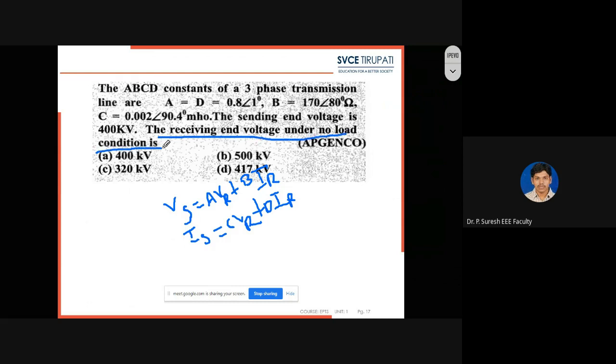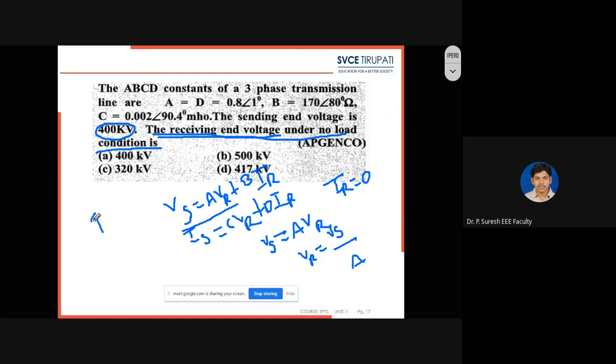Under no load, what is the value of IR, the receiving end current? 0. We get Vs equal to AVR. I need to calculate the receiving end voltage. VR equals Vs by A. The given sending end voltage is 400 kV.